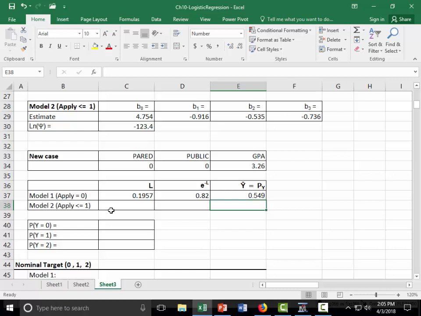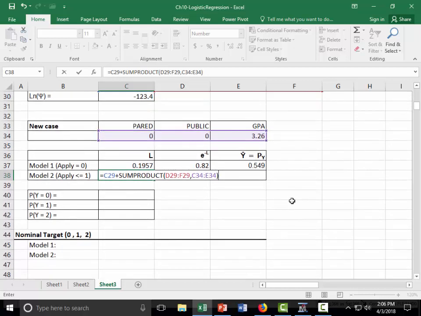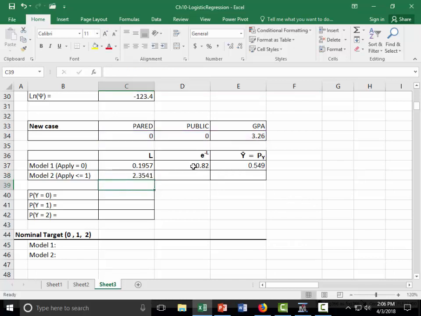So if you do this for the second model, b sub 0 plus some product of the b coefficients, comma, the predictor profile, that will give us our new L, right? Now copy that down here.